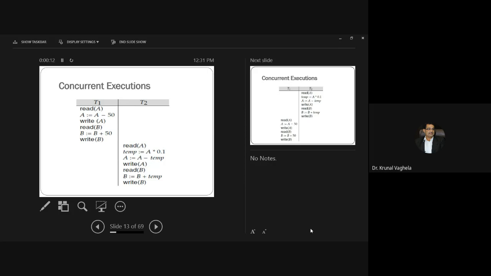Now tell me the final value of A and B after this, and tell me the total of A plus B. Calculate the final value of A and B. Before this transaction, the value of A is 500, the value of B is 1000.